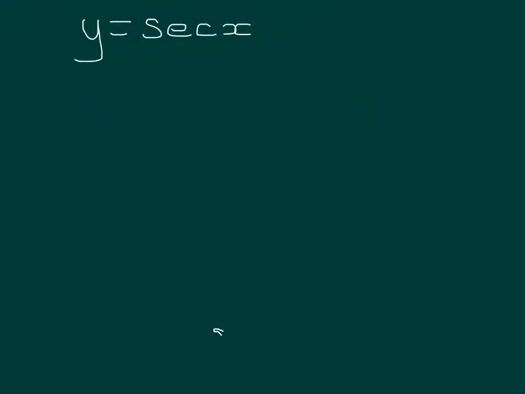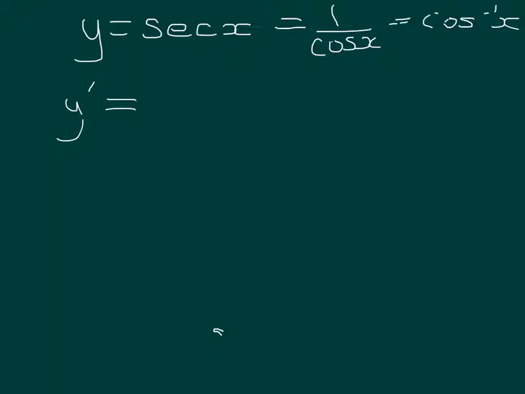Okay, so now we're going to have a look at what happens when I differentiate sec x. Well, just like we did with cosec, we're going to rewrite that as 1 over cos x, which is just cos to the minus 1 of x. Right, now we can differentiate it, so y dash, the differential of y: bring my power down, reduce my power by 1 to minus 2, and multiply by the differential of what's inside the bracket.